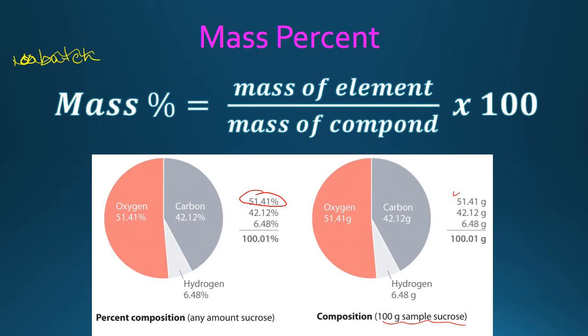So if you're given percentages, the rule is use 100 grams. Again, you can use any grammage, but I find a number like 214 grams times 50% is more difficult to work with than 100 grams.